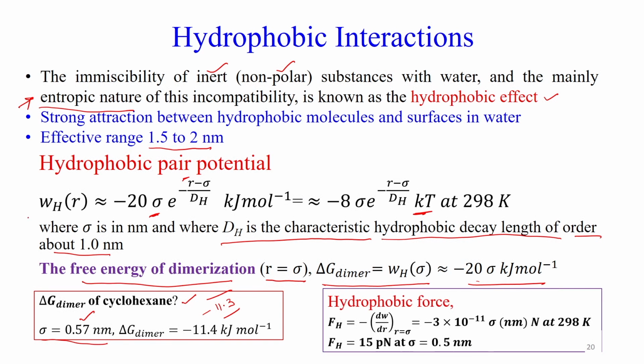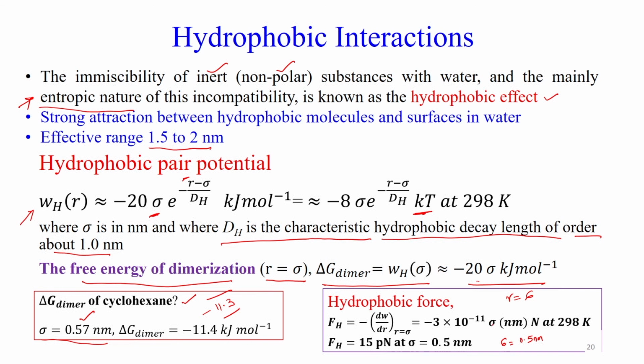As we discussed earlier also, once this potential is known to you, you can always calculate the force. The force is always minus dW upon dr, and if you want to calculate the force at r equal to sigma, it comes out to be 3 into 10 to the power minus 11 times sigma nanometer at 298 K. So, let us take sigma equal to 0.5 nanometer.